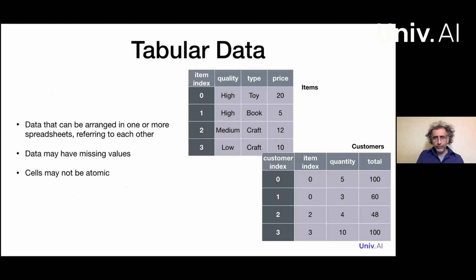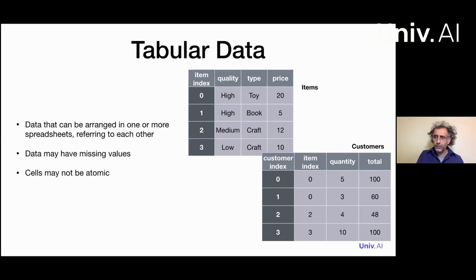Okay, so moving a little bit further, what's tabular data? We talked about this a little bit, but it's basically spreadsheets, Excel sheets. And as you've probably done this before in Excel or Google Sheets or anything, you can have more than one sheet, and one sheet can refer to the other. So for example, here I have two sheets.